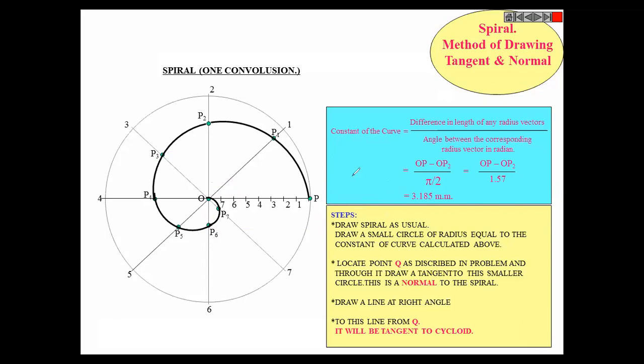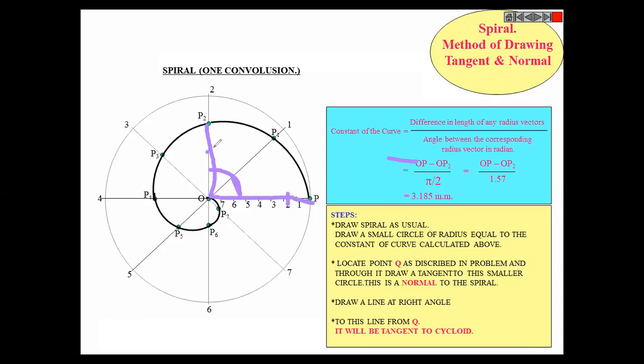Whatever you do, you need to take two radius vectors first of all. Any two you can take, OP to OP2 or OP to OP1, whatever. Then you differentiate their lengths. Then you will get some value. Then you find the intercepted angle, in radian.